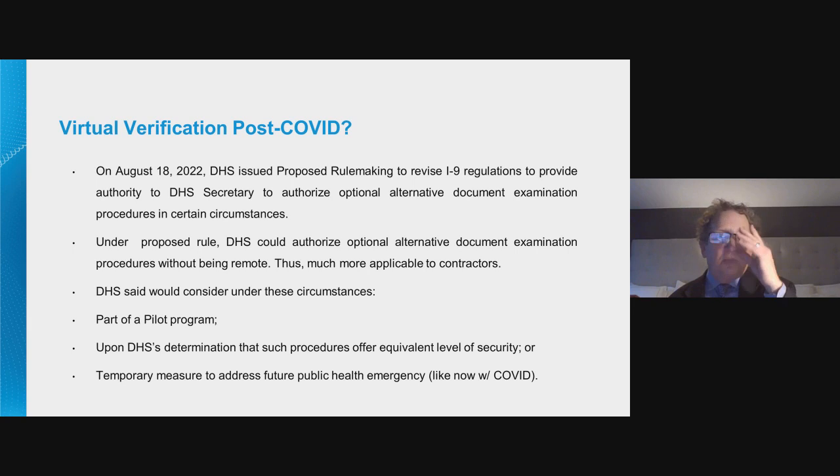That's all speculation. Don't take it to the bank. But it's from someone who, like I say, sits on committees that meet with Department of Homeland Security, ICE, USCIS. So we feel like we have some idea of how it's going to go.